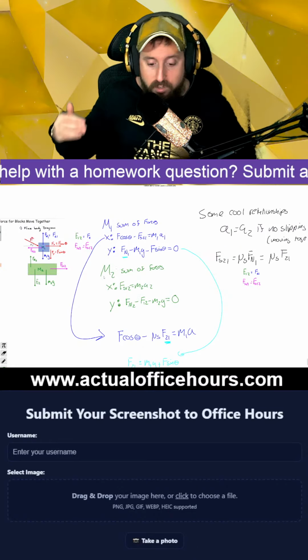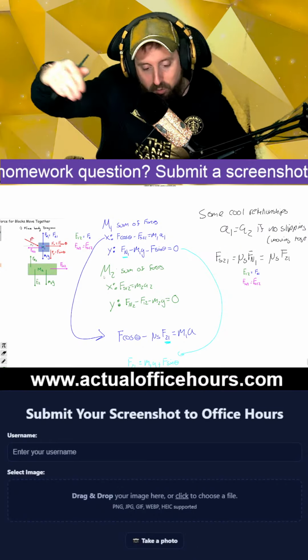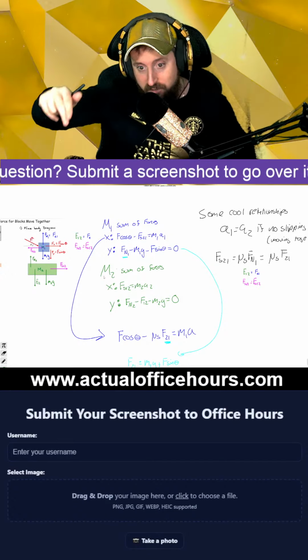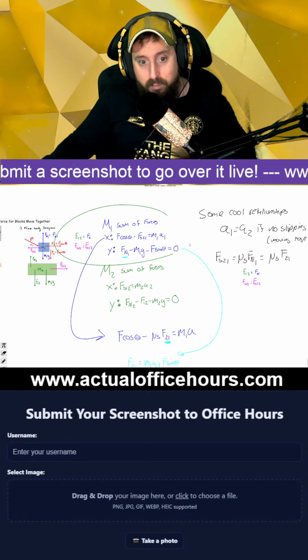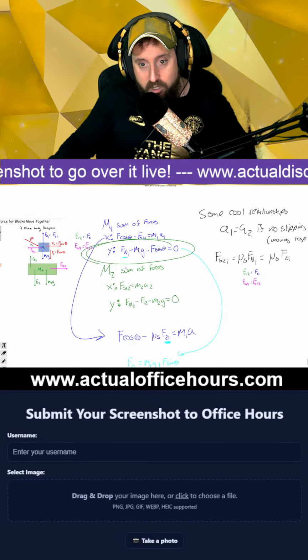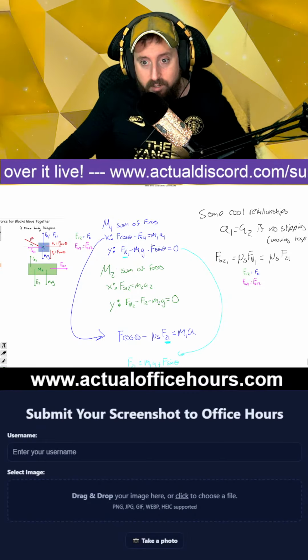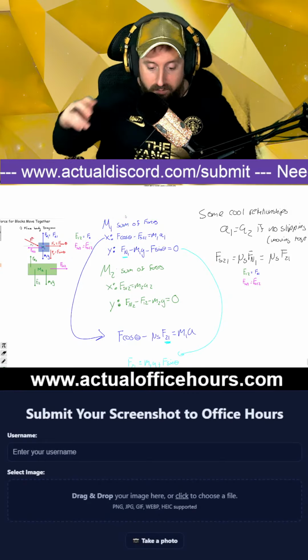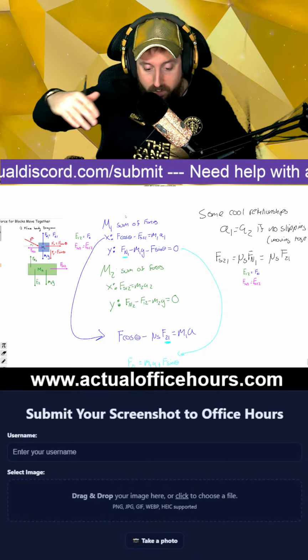Here, block 2 doesn't experience friction with the ground. It's just providing friction to the top. And so that's why with block 1, we needed to use the y direction equation to solve for my friction here that's acting on block 1.